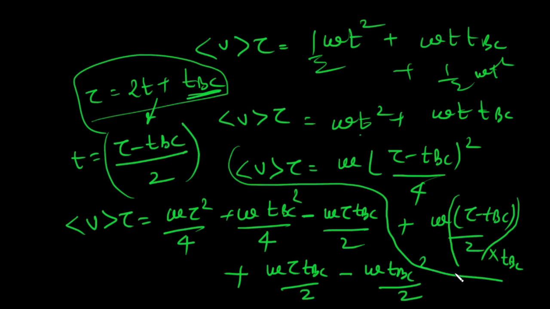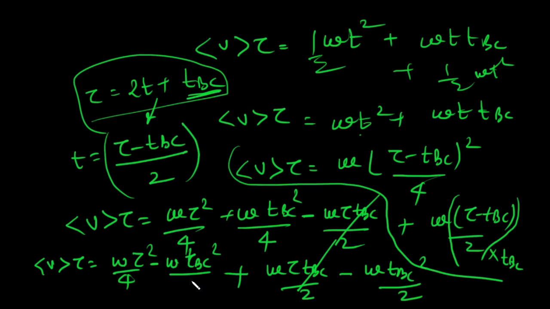So this cancels out. What are we left with? We are left with W time BC square by 4 minus W time BC square by 2. This would give us W tau square by 4, and 4 will be the LCM, 1 minus 2, this would be minus 1, so minus W time BC square by 4.